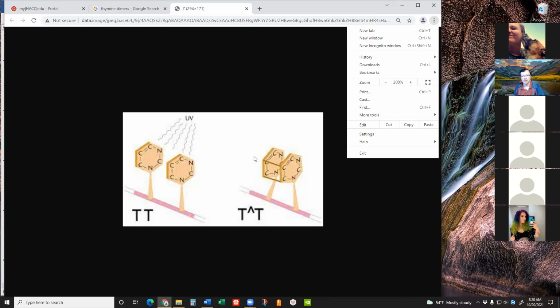If you can see that right here in the image, that is abnormal. That should not exist, and that will impair the cell's ability to properly replicate its DNA. And so you end up with cells with mutated DNA, and that's the trigger that then causes the formation of many forms of cancer.